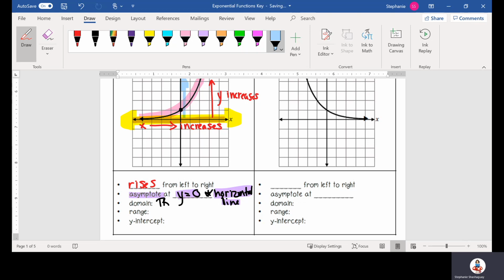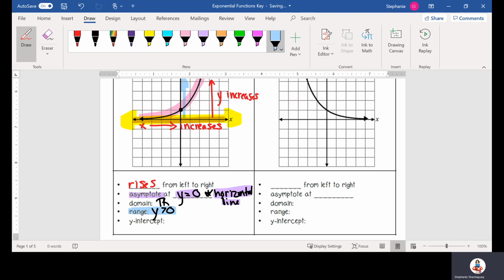Well, I can't have a y value below the x-axis, so my range here is going to be greater than 0. And it does not include 0 because, remember, it never crosses or touches that asymptote. So it would not be equal to, it's just y is greater than 0.